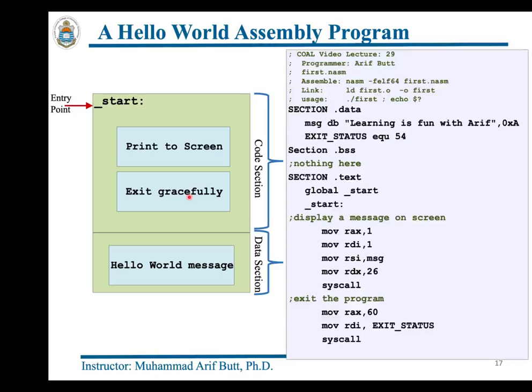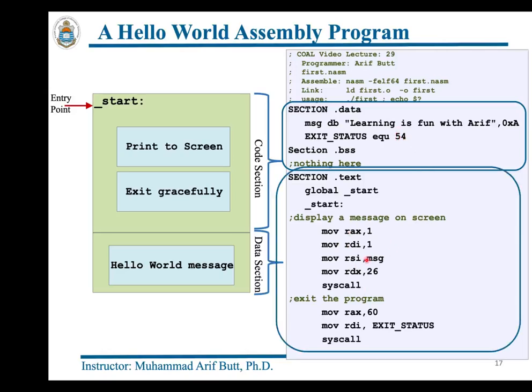So here is the x86-64 assembly code file named first.nasm. You can observe the section .data. This is the data section that contains the message "learning is fun with Arif", and this is the message which we need to display on the standard output. As well as you can see another value 54 over here, which is the exit status of the program. I just want that this program should exit with the value of 54.